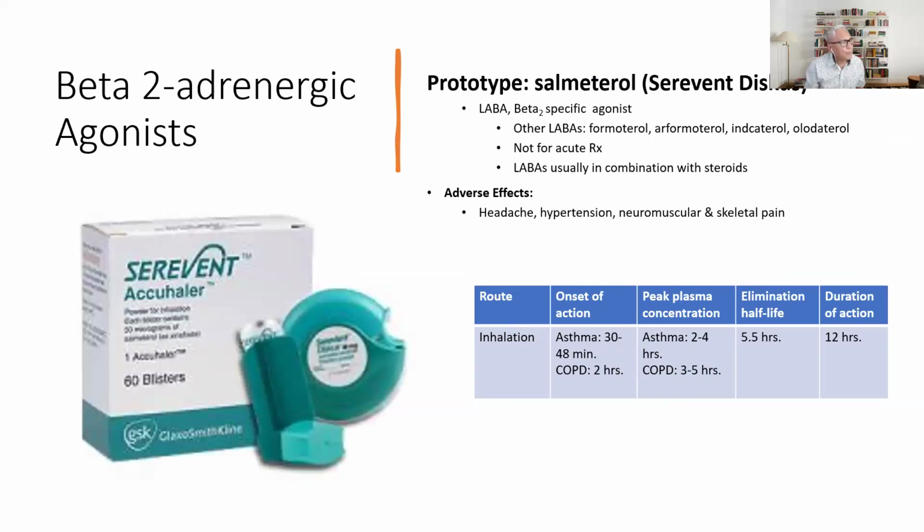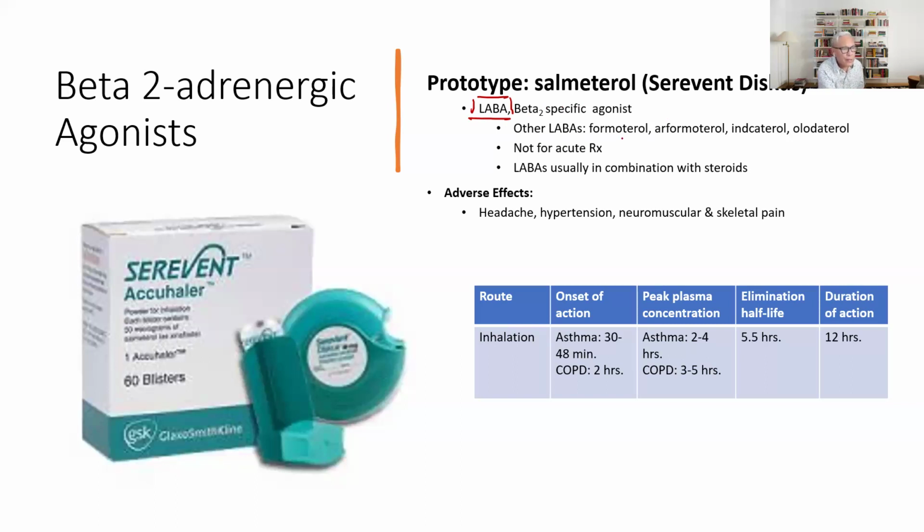Okay, so your beta-2 agonist could also be your long-acting agonist. So they're LABA. So LABA means to say it's a long-acting beta agonist. And a prototype of long-acting beta agonist is your salmeterol. You could also have your formoterol, indacaterol, olodaterol.